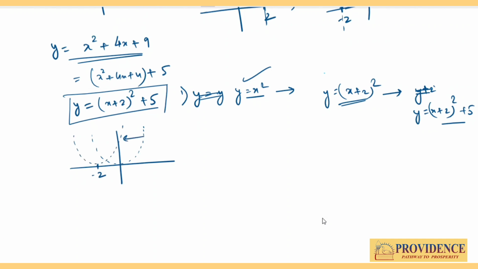So the graph will shift 2 units on this part, and then from this graph it is being raised by 5 units, isn't it?